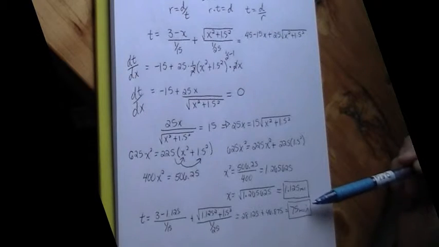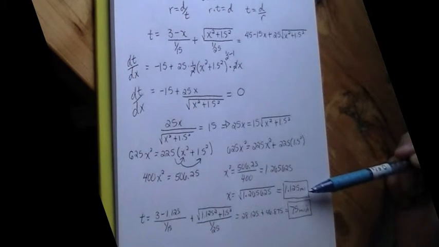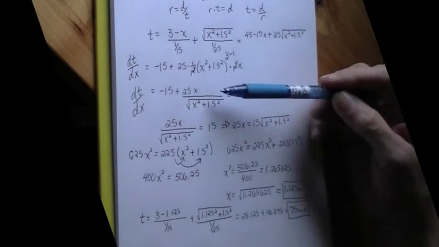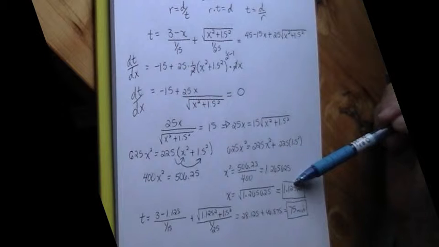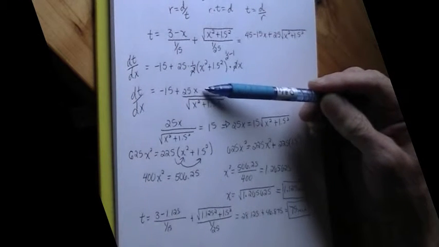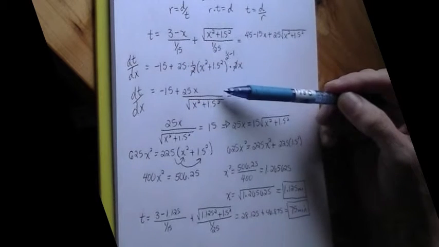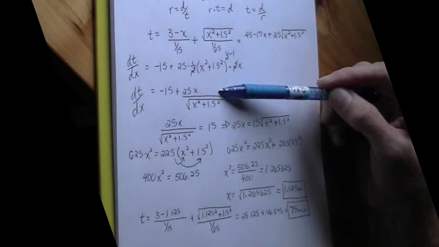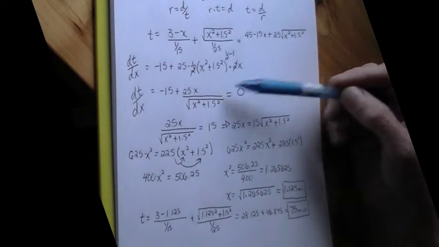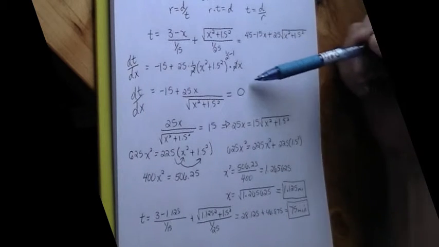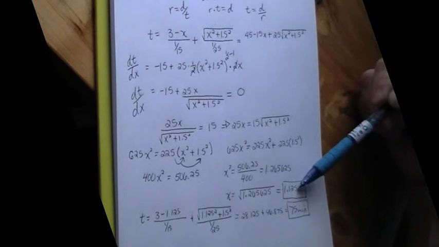We can test whether this is a minimum by the first derivative test, which means if I plug a number like 1, slightly less than 1.125, into the derivative and I get a negative number, that means that I was heading down towards that value.